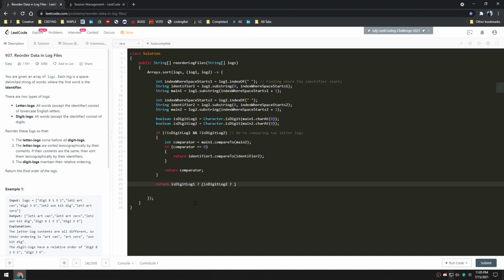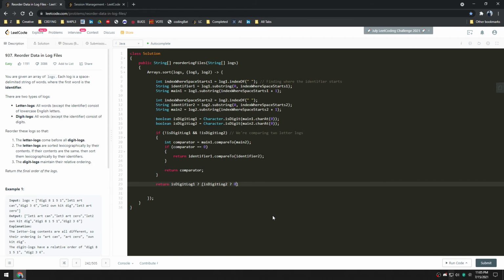So if both of them are digits, we're told the digits maintain their relative order. So if they're both digit logs, we're not concerned with making some change, so we'll say 0 here.